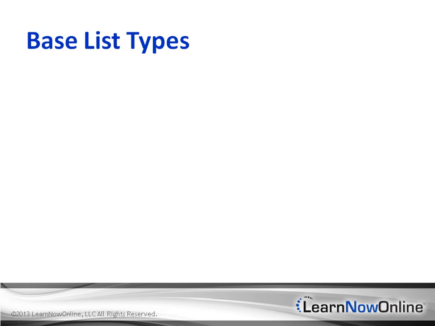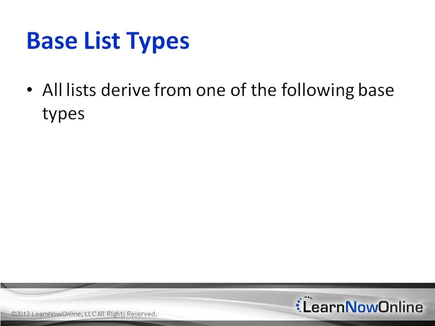So all of the lists inside of SharePoint have these base list types. So think of this as an inheritance hierarchy, and they all derive from one of the following base types. One is the generic list or document library, and so the document library actually derives from the generic list and adds a few extra things that have to do with documents.